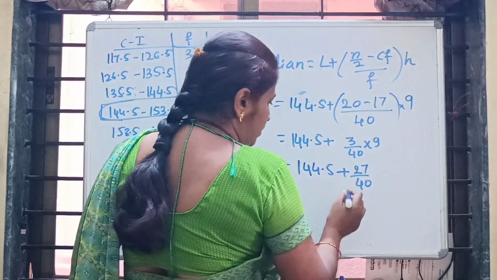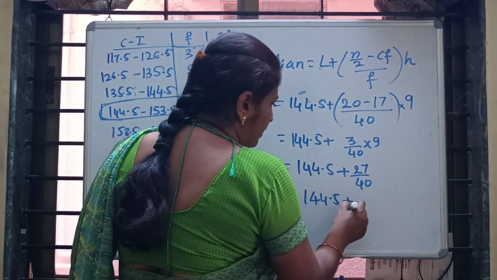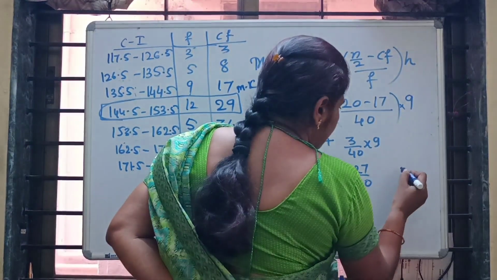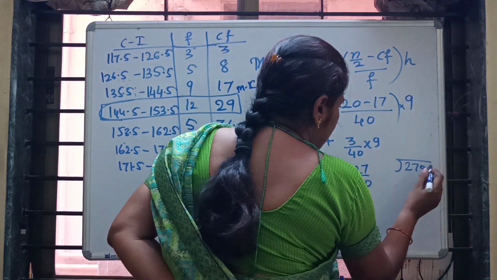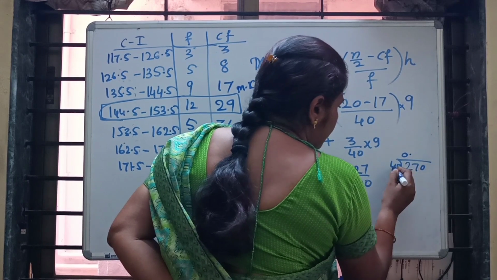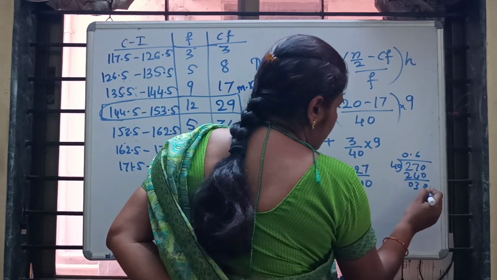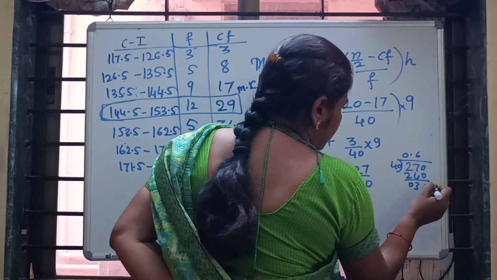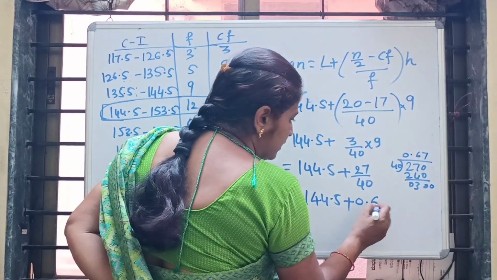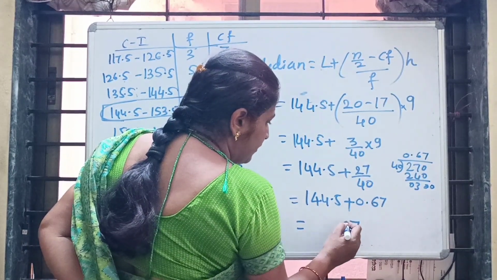Whatever you get, take it as decimals, so that it will not be too big. 27 by 40, you will get 0.675.